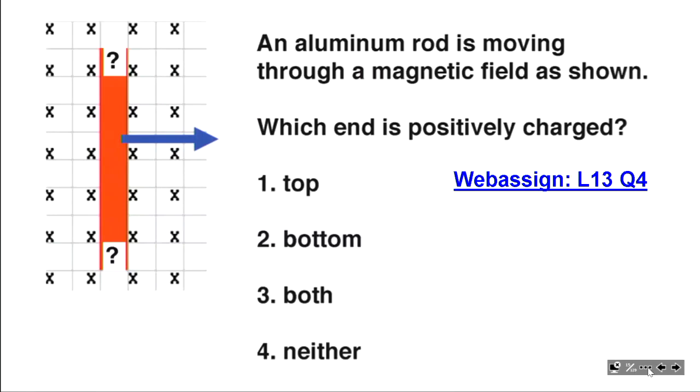This is the aluminum bar. This is the magnetic field between the poles, north-south, leaving north, so points away from us. All we need is a device to register the presence of, well, if one end becomes positive and another end becomes negative, that's what we used to call a battery. So a moving rod like this should start acting like a battery.